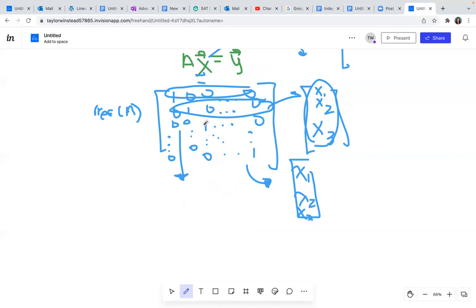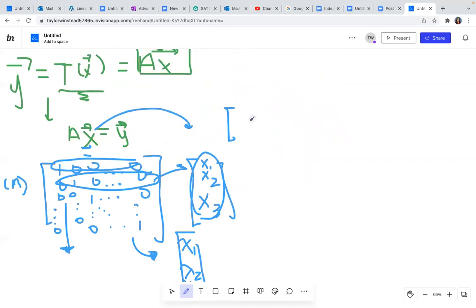How are you supposed to reverse that to go from infinite to one solution? Same thing with no solutions.